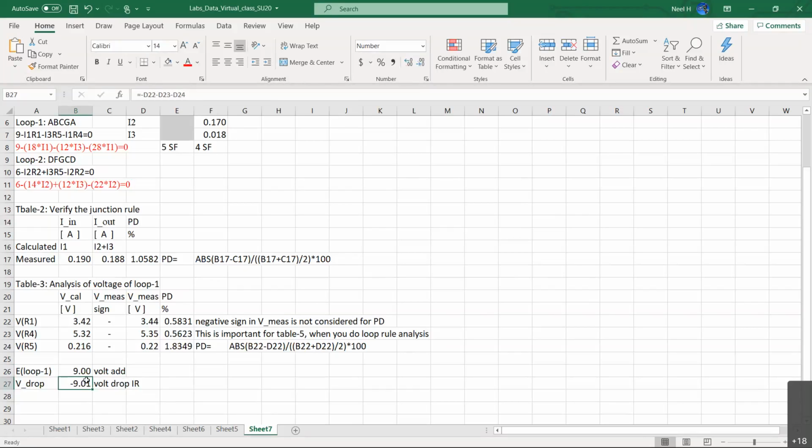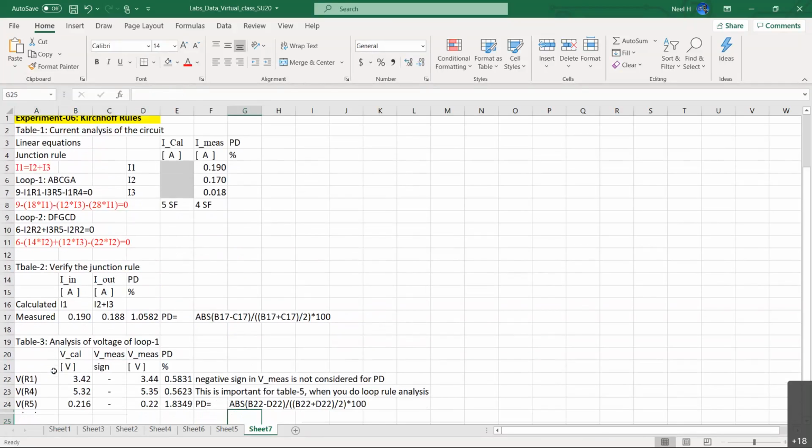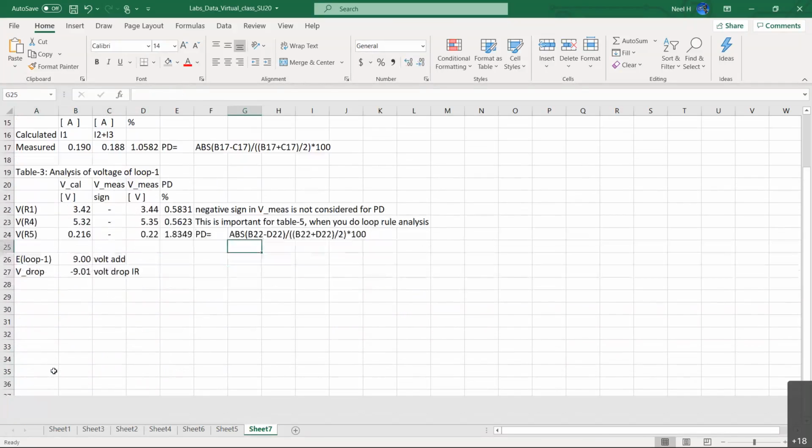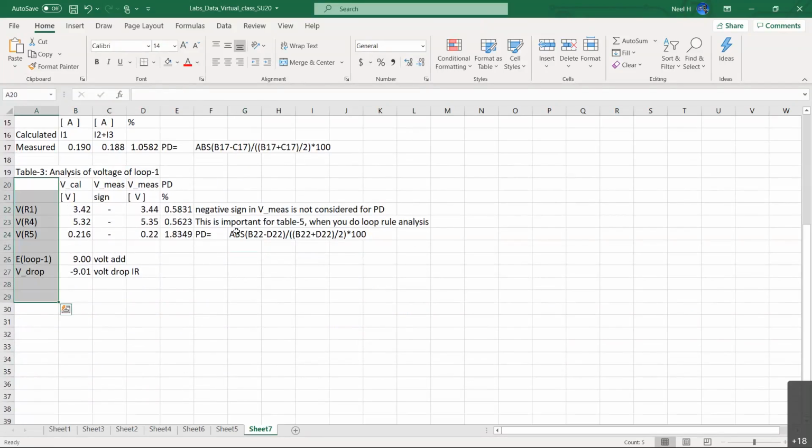Good. Let's continue. You don't need this extra information here. You just need the table and put all the extra information on appendix C. Good. Everyone okay? Any question? Let us do table 4 then. Table 4, we're going to do the same thing, analysis of voltage of loop 2.